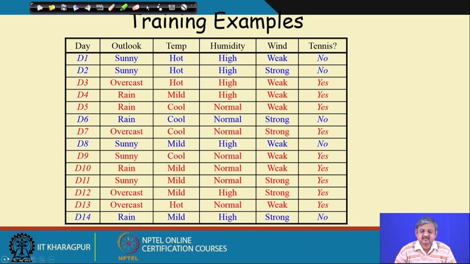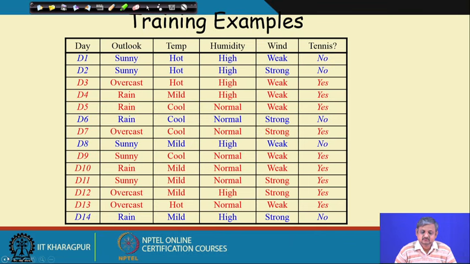So, I can think of a day as a 4-dimensional vector consisting of 4 values, the outlook, the temperature, the humidity, the wind. So, for example, day 1 D1, I describe it by this vector sunny, hot, high and weak.